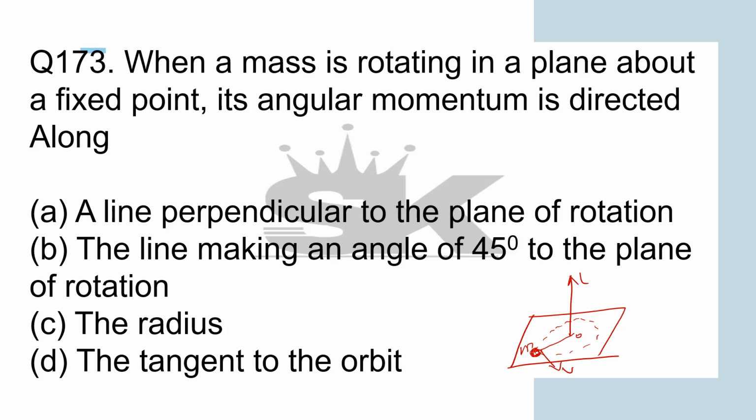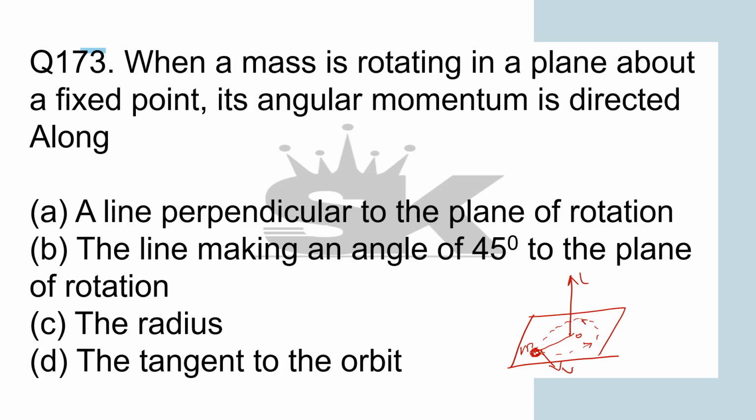So when a mass is rotating in a plane about a fixed point, its angular momentum is directed along a line perpendicular to the plane of rotation. Okay, this is the plane of rotation, right?